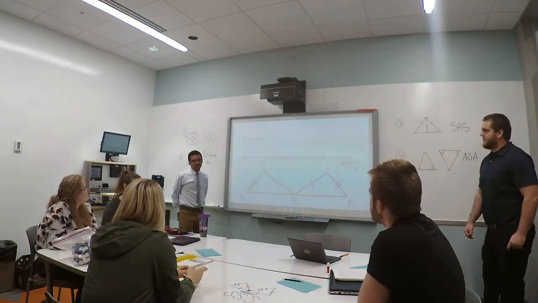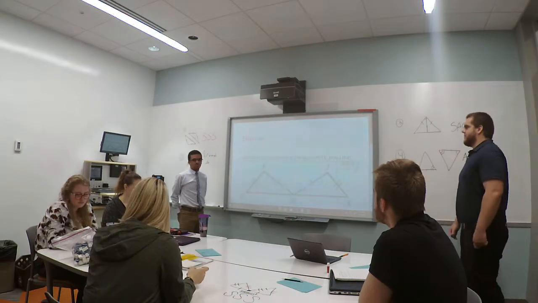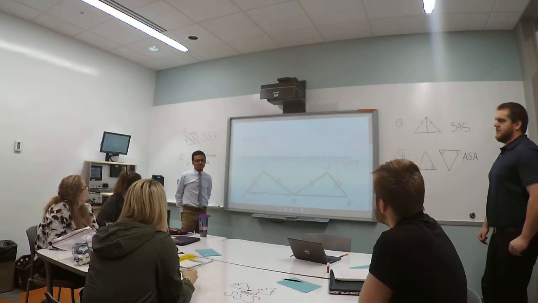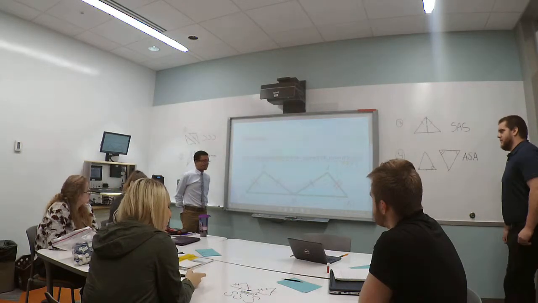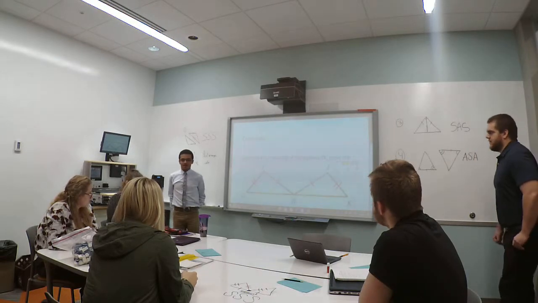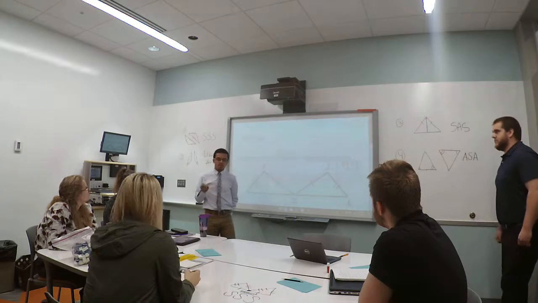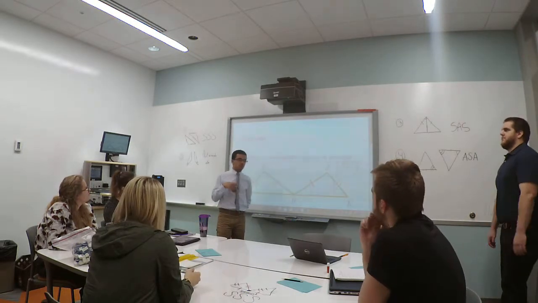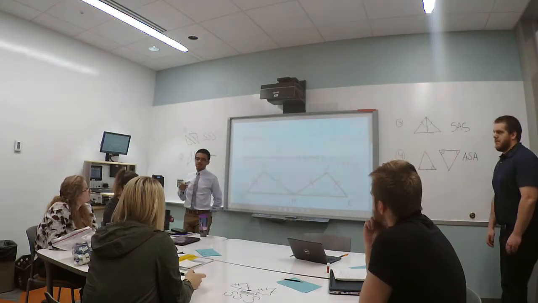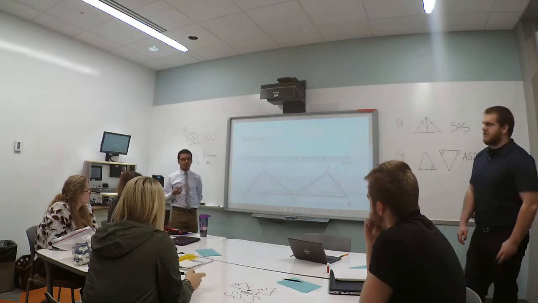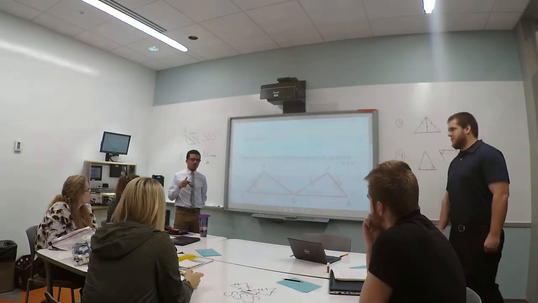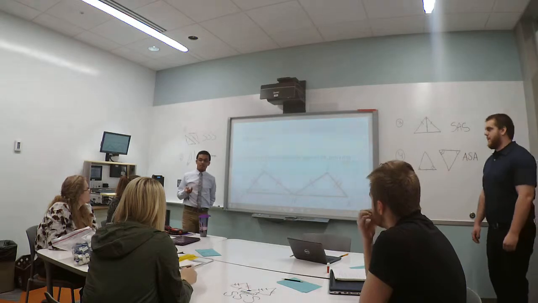Alright, so that was our extension, just because it goes back to algebra and what they learned in algebra, because they may have forgotten some stuff. And then this was actually the last 20 minutes of our lesson. In the motivation, they write congruency statements for triangles. After that, they make a graphic organizer.